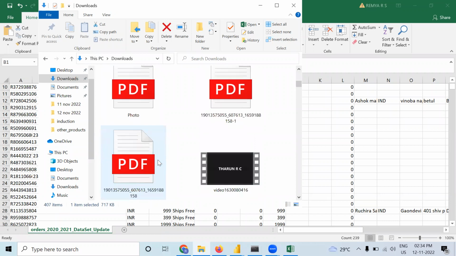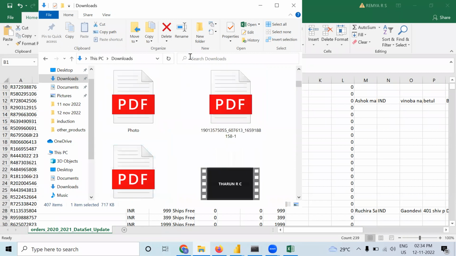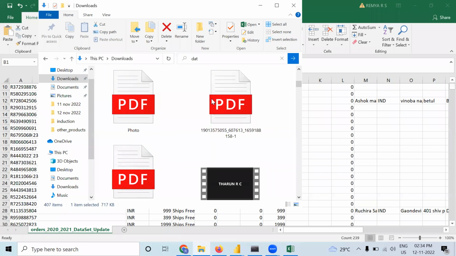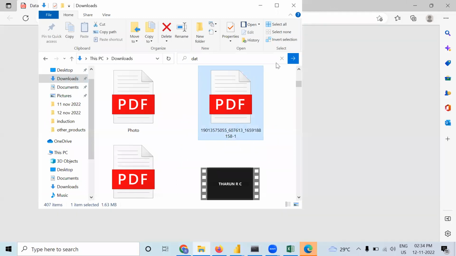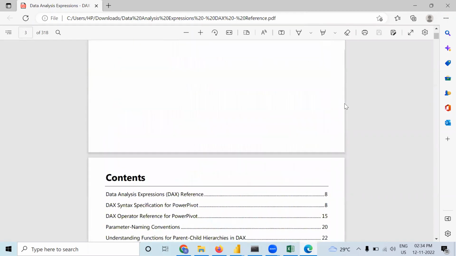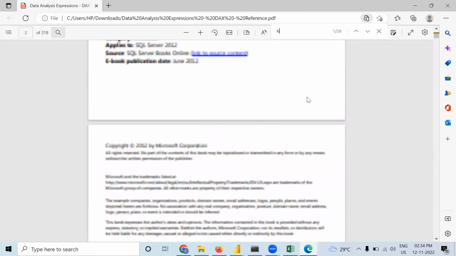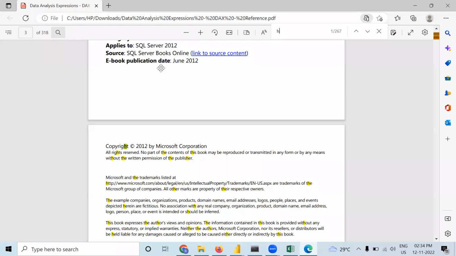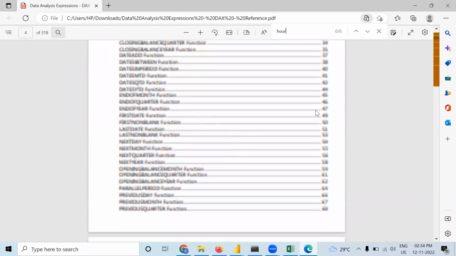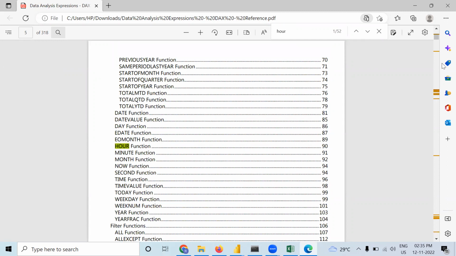That PDF... It's not coming. This was that PDF, in which many DAX functions are there. Yeah, the 89th page, right?